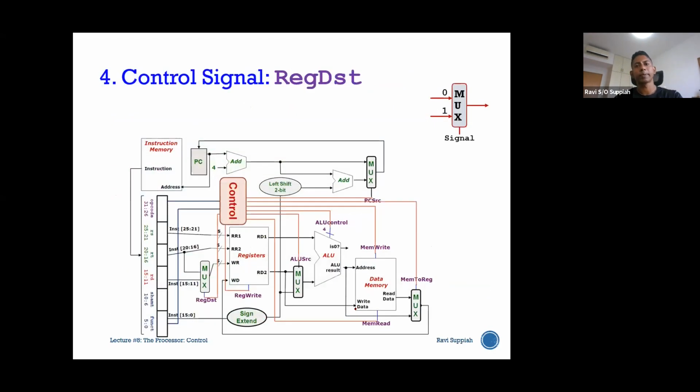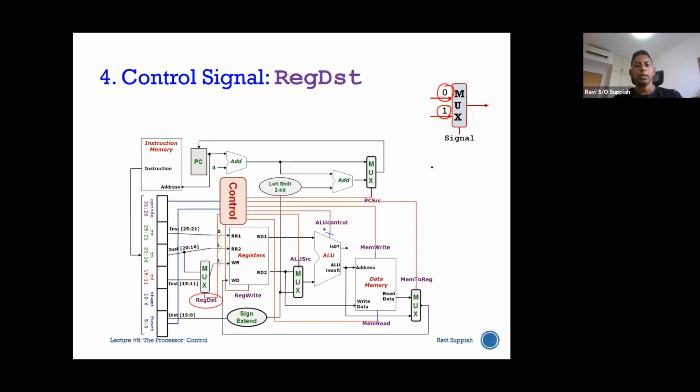plus 4. Now, let's look at the first control signal here, the register destination. For this control signal, we are labeling the multiplexer such that the top is 0 and the bottom line is 1. This is the labeling we are following for this multiplexer.